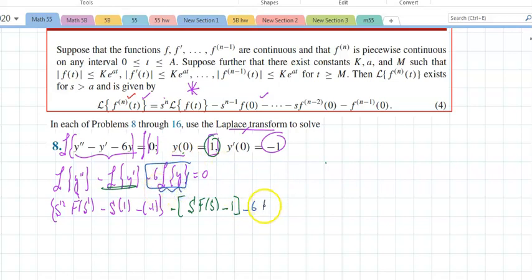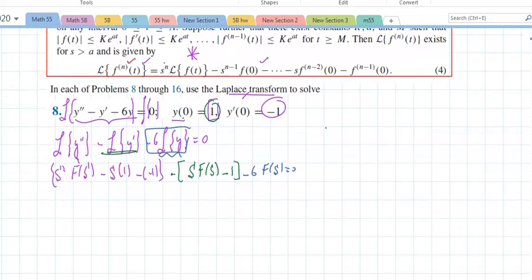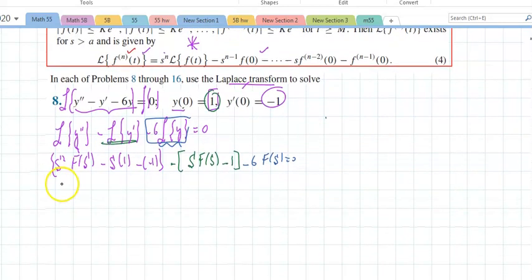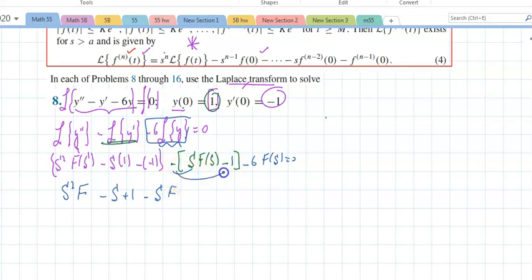The Laplace applied on y is simply F of s, equals 0. Now all I have to do is solve for F of s and reverse the order. What does that mean? That means I'm looking at s squared F of s minus s plus 1 minus s F of s plus 1 minus 6 F of s equals 0.